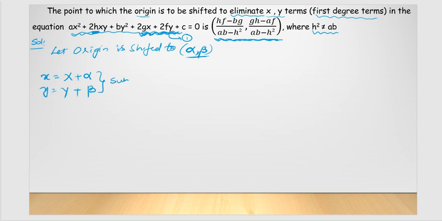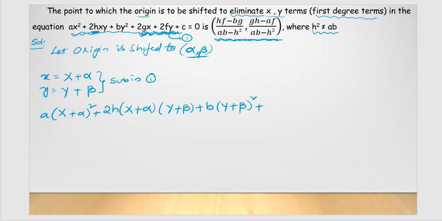Then substitute in equation number 1. So what I am going to get: a into capital X plus alpha whole square, plus 2h times capital X plus alpha into capital Y plus beta, plus b into capital Y plus beta whole square, plus 2g times capital X plus alpha, plus 2f times capital Y plus beta, plus c is equal to 0.